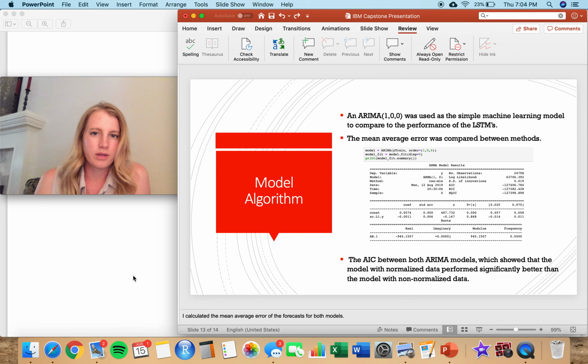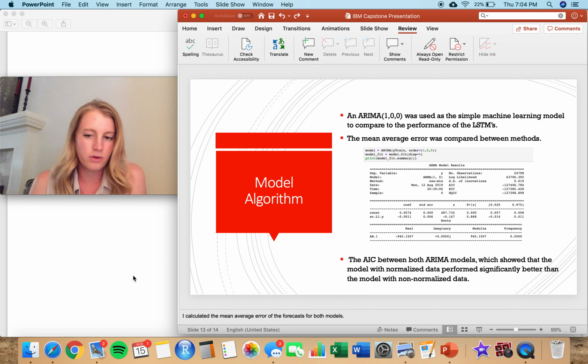I used an ARIMA model, 1, 0, 0, so autoregressive order 1, integrated order 0, and moving average order 0. It is a pretty simple model, used as a simple machine learning model to compare against the performance of the stateful LSTMs. The mean absolute error was computed between models as well as the AIC. The AIC between both models showed that the model with normalized data performed significantly better than the model with non-normalized data.